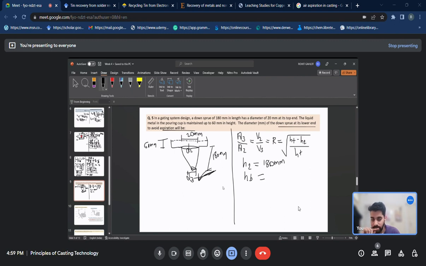Okay, so HT will be the pouring cup height plus the sprue height. So we can find HT as the sum of 180 mm plus 60 mm, so this will be 240 mm.